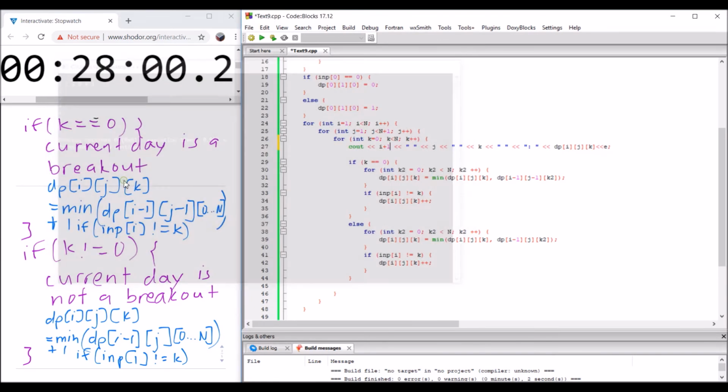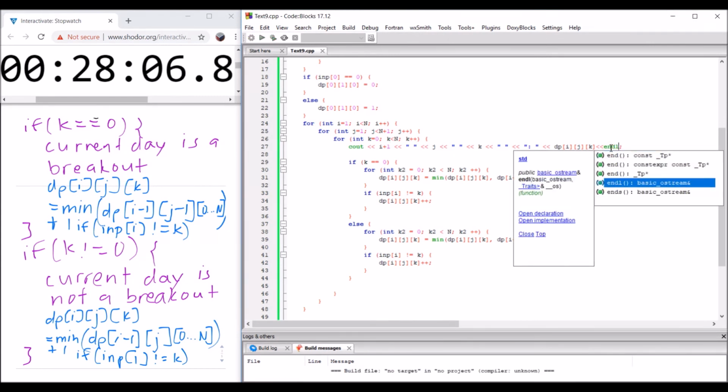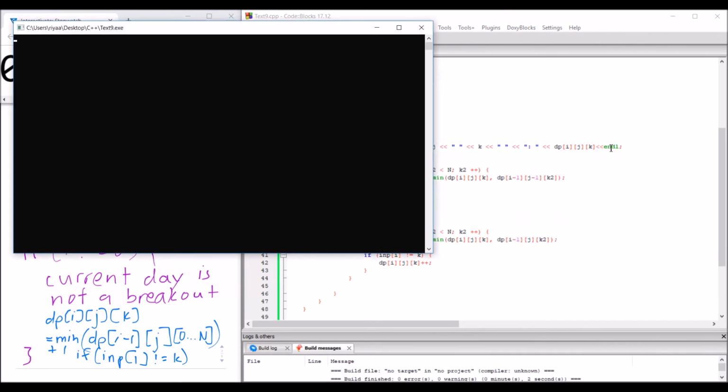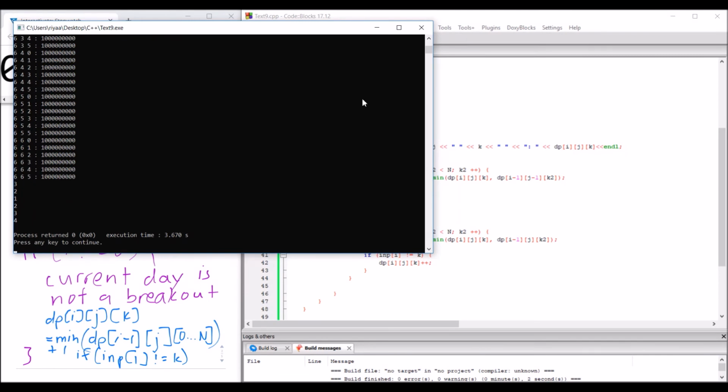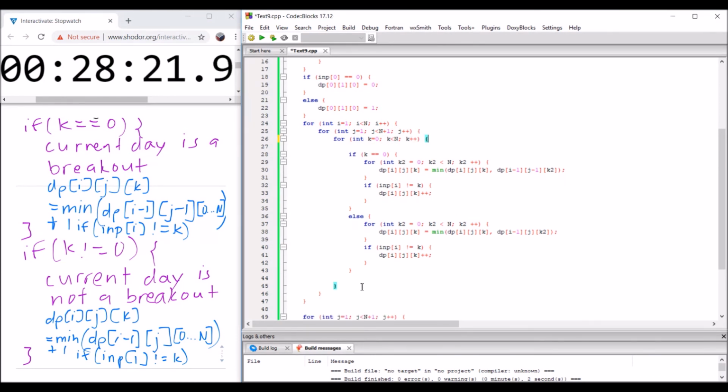It's just easier for me to visualize. That's just what I normally use. Sorry. Oh yeah, I need to put this at the end because we set it while doing the loop.